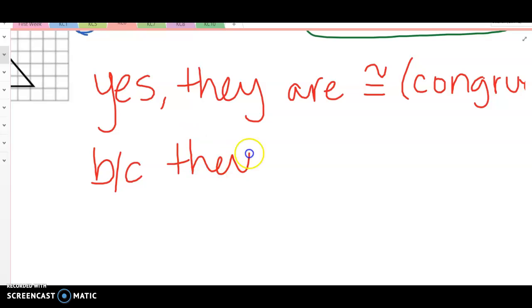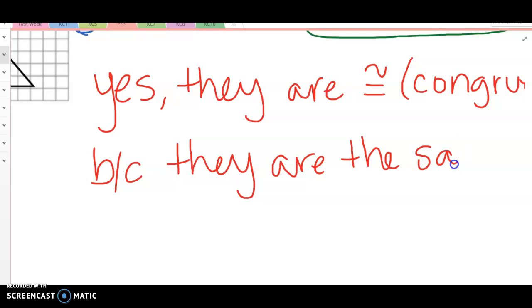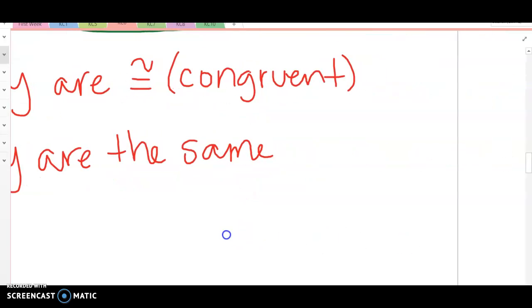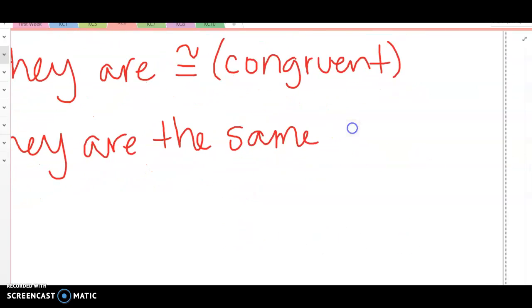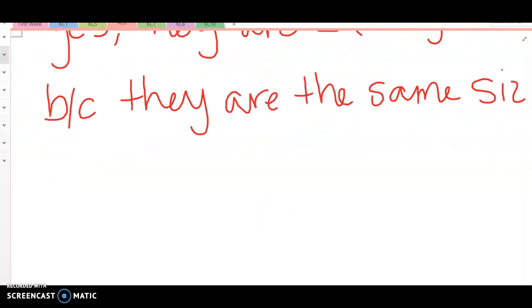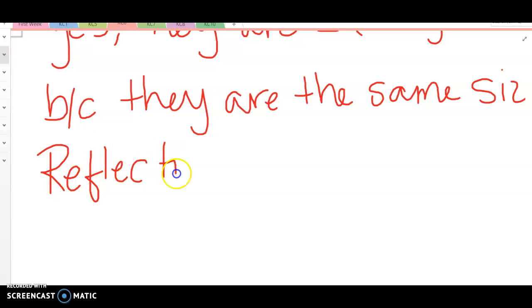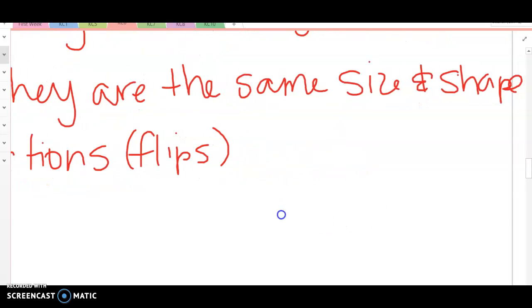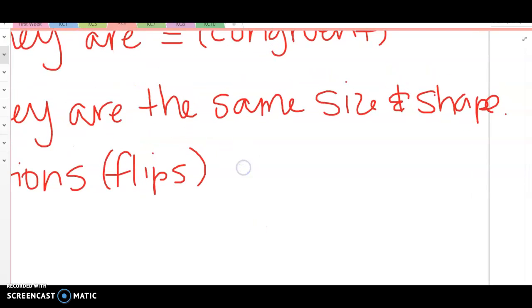Because they are the same size and shape. Right? We know they're the same size and shape because reflections, which is another word for flips.